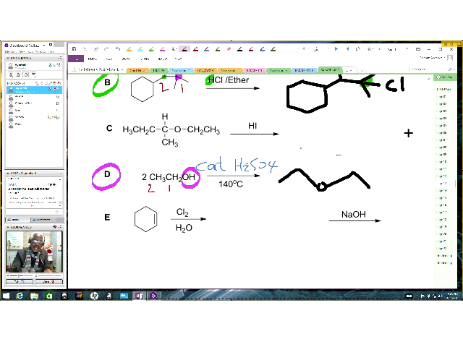Let me go ahead and explain this a little further for you. What do you have first? You have the alcohol, and then you have the acid as a catalyst. The first thing that happens is that the non-bonding pair of electrons on the hydroxy group attacks the proton, so you are going to get this.